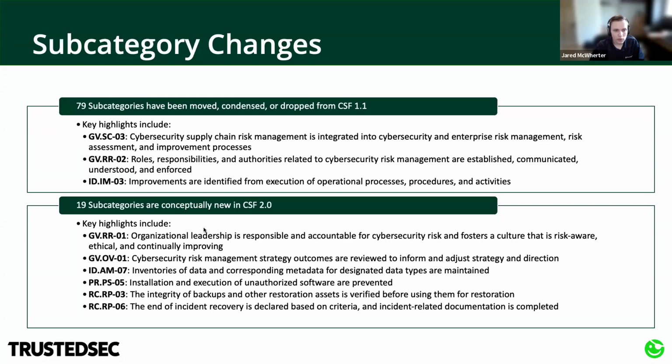What this has now done is moved all of those various subcategories into this one, essentially stating that we need to identify improvements and use them to improve the execution of processes, procedures, and activities. Examples of all these are defined in the implementation examples, which we'll dive into in just a few minutes. So essentially, these are the key highlights of what has been moved, condensed, and dropped.